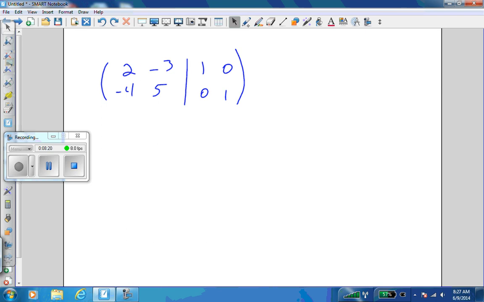So let's divide row 1 by 2, or you could say half of row 1 becomes our new row 1. If I do half of this, I get a 1. Half of this is -3 halves. We have to do all the way across row 1, so half of this is 1/2. Half of that is 0.